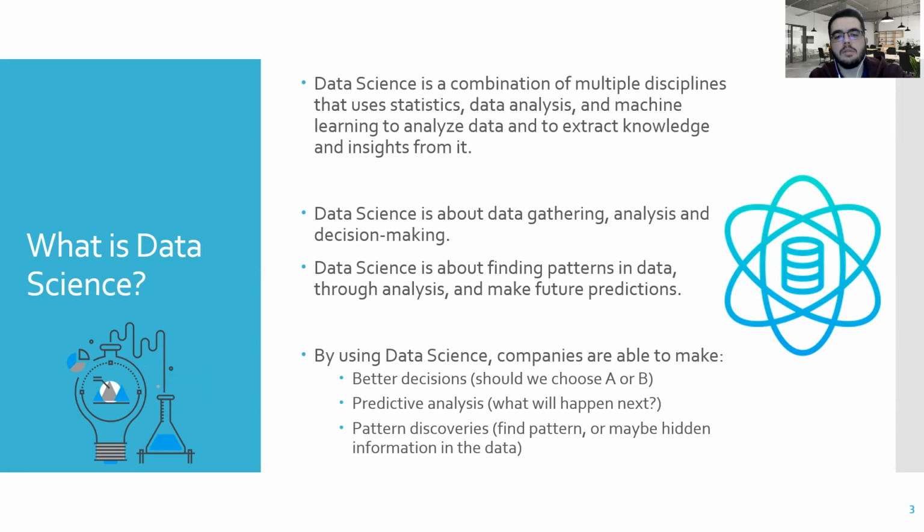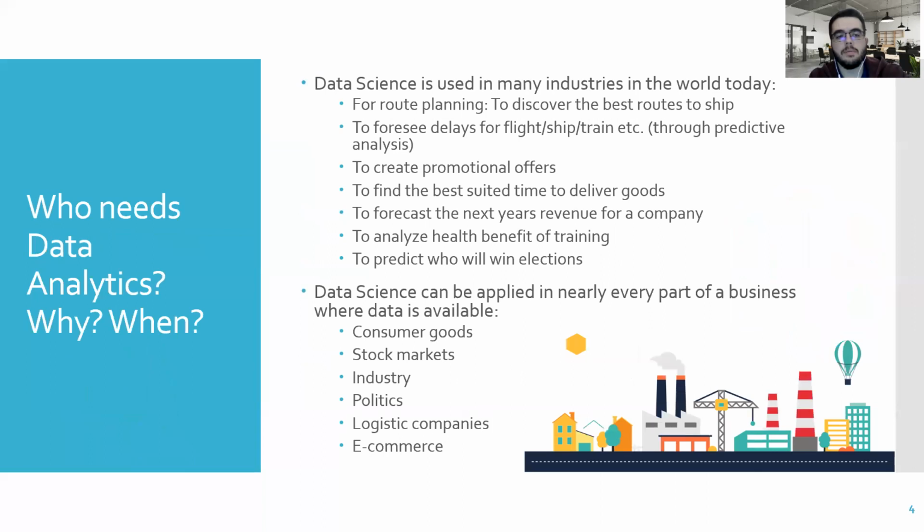So data science is about finding patterns in data through analysis and for making future predictions. By using data science, companies are able to make better decisions, to perform predictive analytics, and to discover some patterns from data which are hidden but valuable for business decisions making.